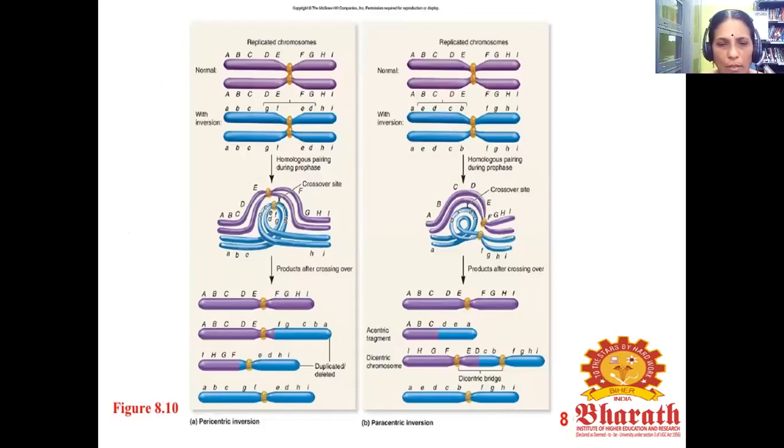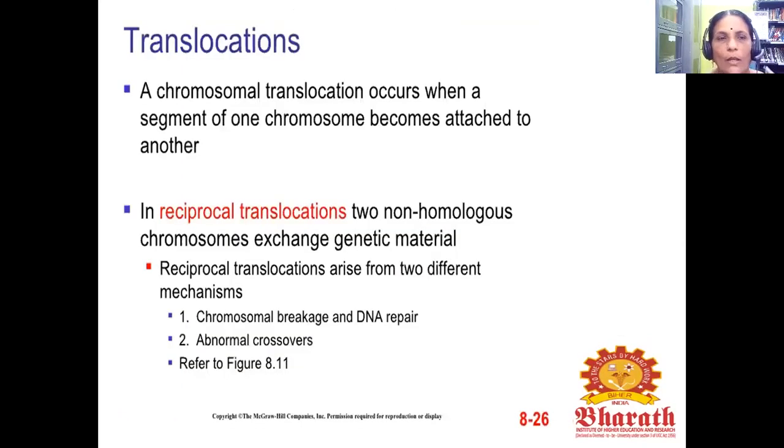After crossing over in the pericentric inversion, you get duplicated or deleted regions. In the paracentric inversion, the loop is formed, the crossing over occurs, and the products after crossing over include an acentric fragment as well as a dicentric chromosome. Next, see about translocation.